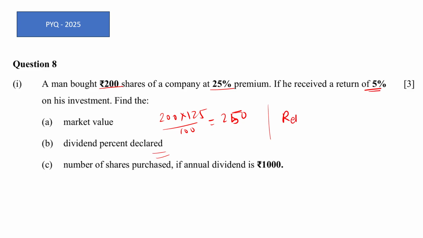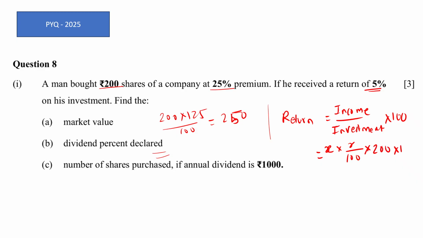So return percentage is equal to income upon investment into 100. So what is your income? Let's assume the number of shares purchased is X, dividend rate assume R divided by 100. What is the NAV value?